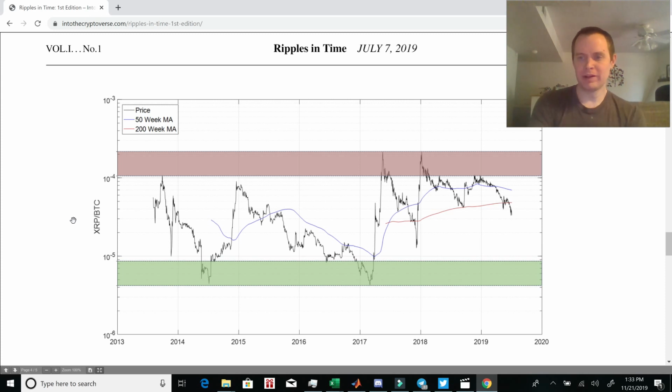So what are we going to be looking for? We're first going to look to see if Bitcoin can at some point get above the 20-week moving average, which may be several months away. It might be half a year away. It might be a year away. It's impossible to really know exactly when that's going to occur. But once it does get above it, then we can really start to look at potential moves with XRP to the upside.